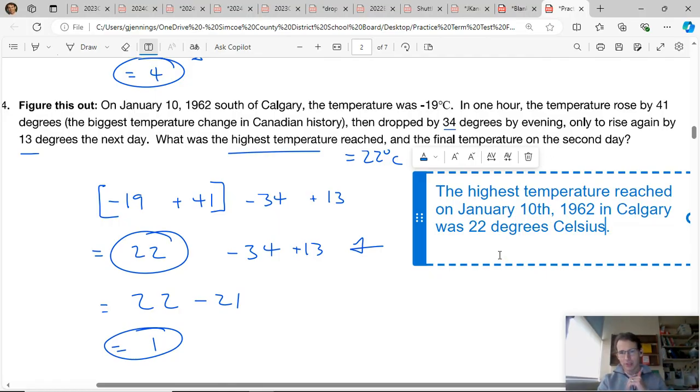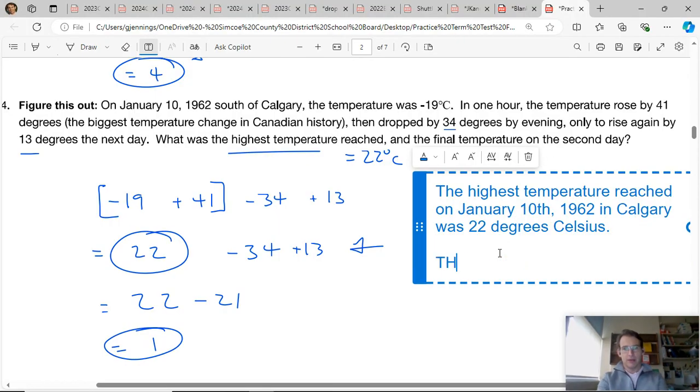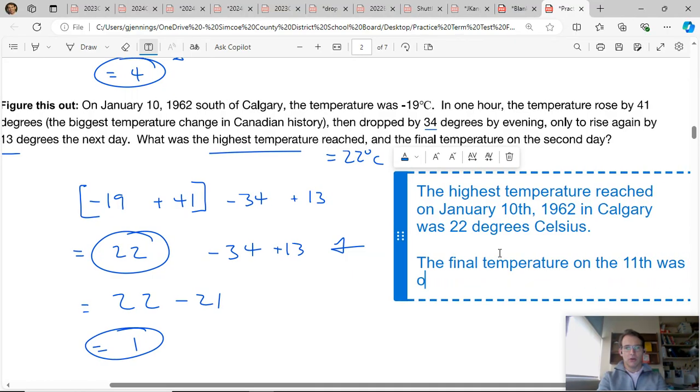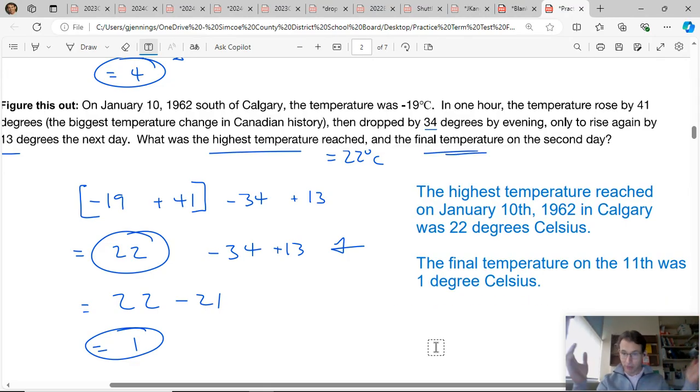Capitalize it, of course. Final temperature on the 11th was 1 degree. There. And so that's how that would do.